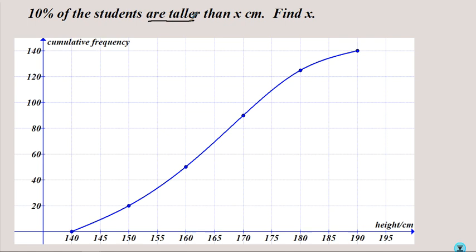So we would be looking at 126, because those 14 people from 126 to 140 are the tallest 10%. What is the height of this person? Because this is the person above which there are 10%.